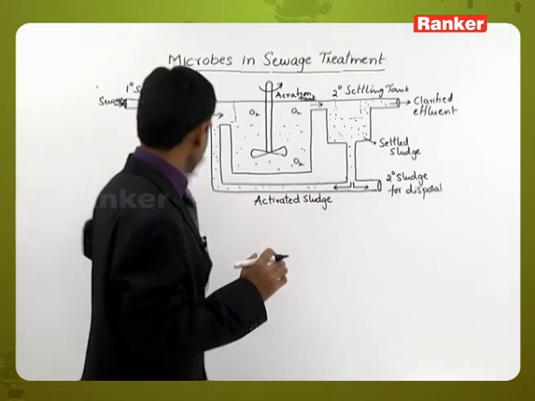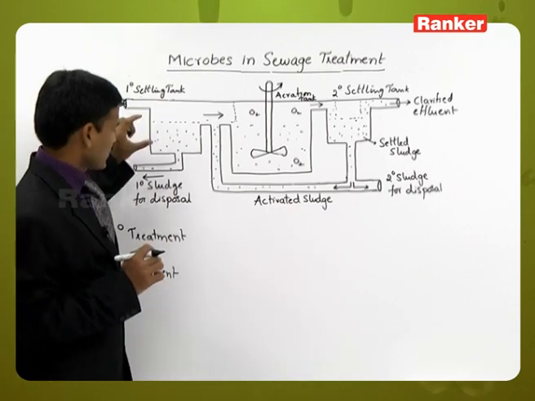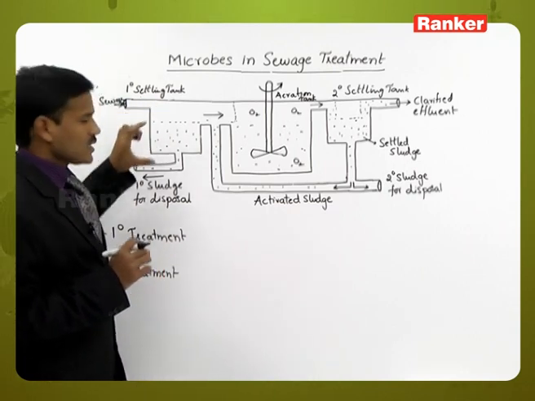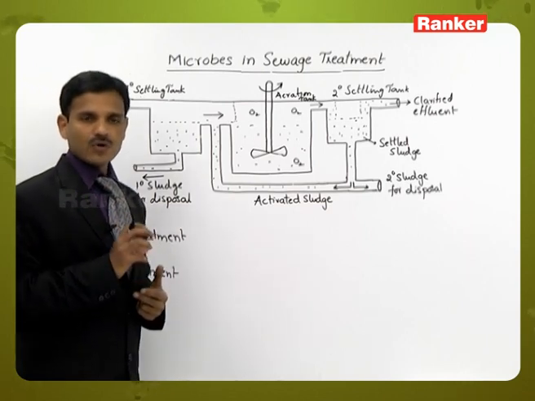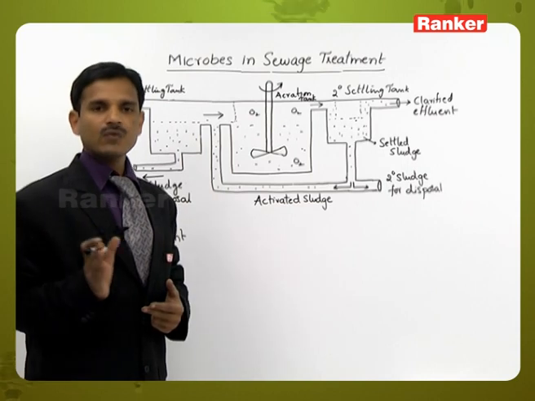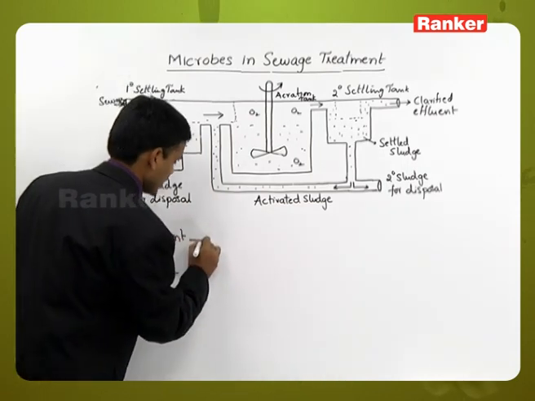The sewage is collected in the primary settling tank. There, the large pebbles and floating materials are removed manually. So it is a sequential filtration.